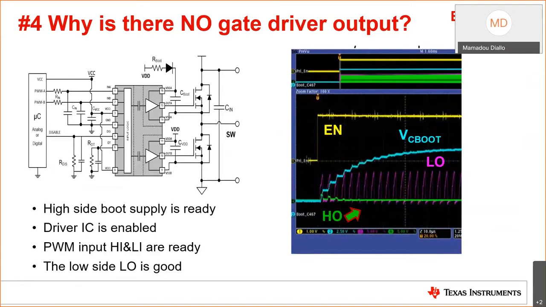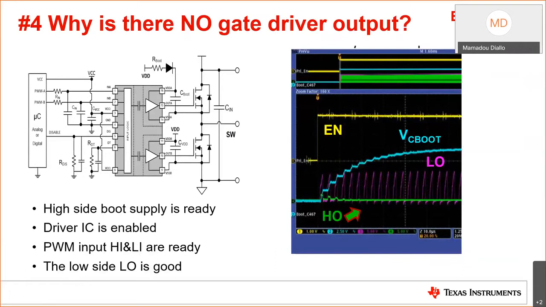All right, here's another issue where we have, again, another half bridge, and we're still looking at biasing issues around the gate drivers. On the waveform to the right, I'm showing the HVHS supply, which is enabled, captured by VC boot in blue. The driver is also enabled as shown by channel 1, the yellow waveform.